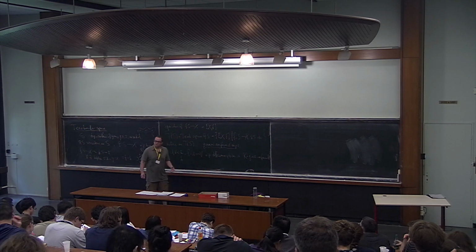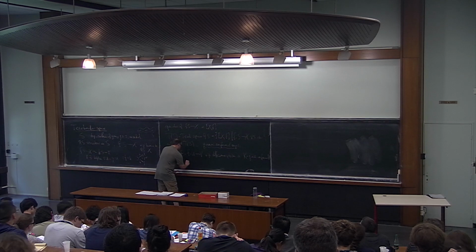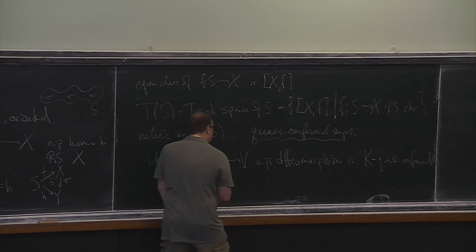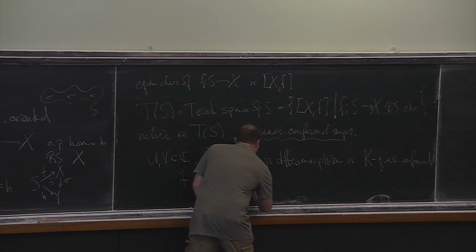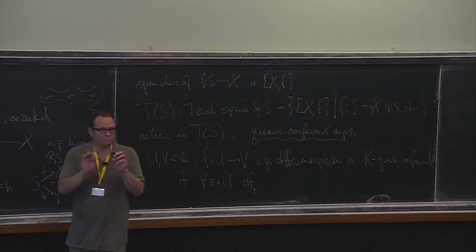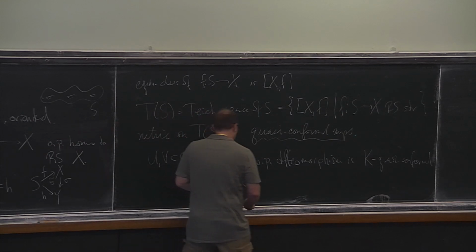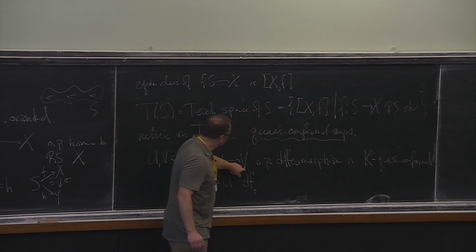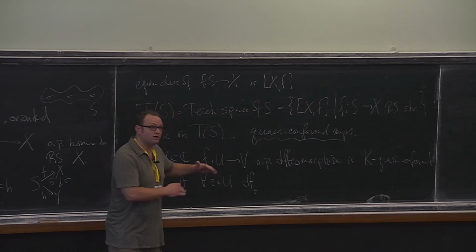So let me write down two things. One, we take Z inside of U. So the derivative of F at Z maps the tangent plane to U at Z to the tangent plane at F of Z to V. So it's a map from R2 to R2.